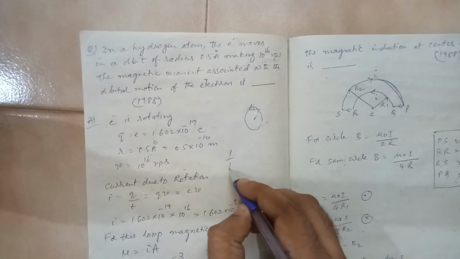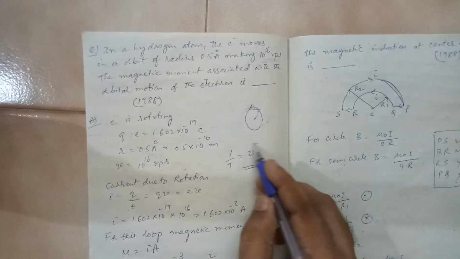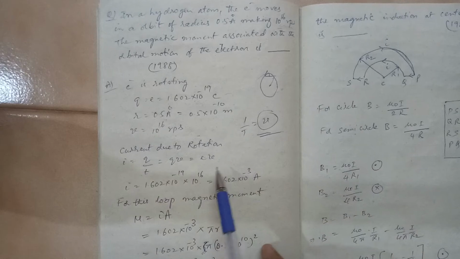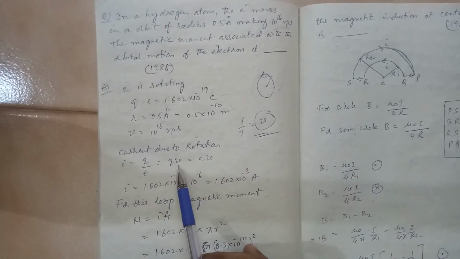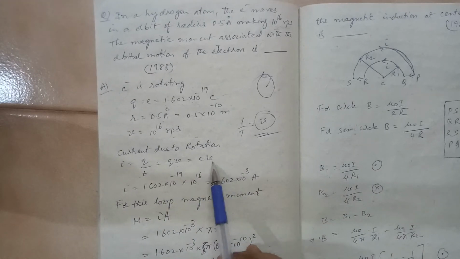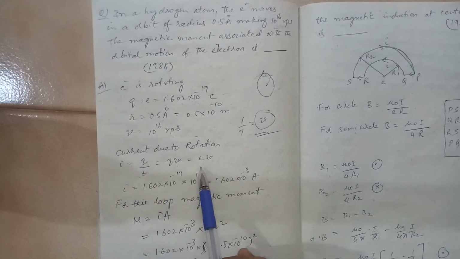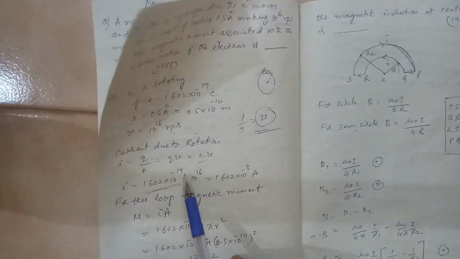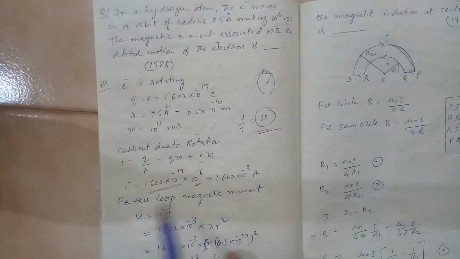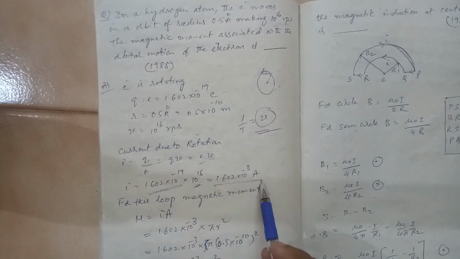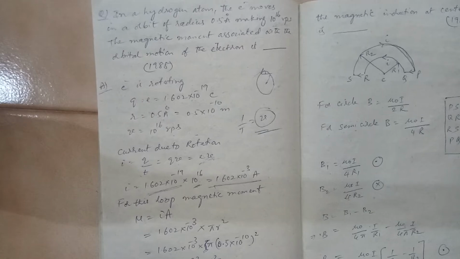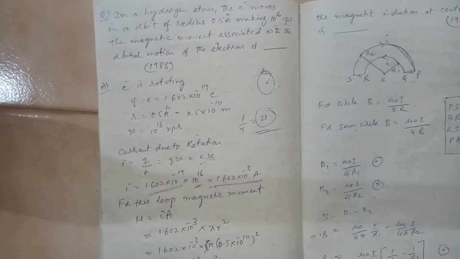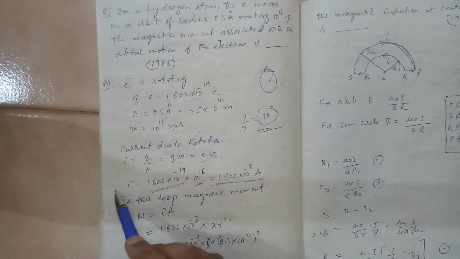And we know that 1 by time is equal to frequency, because frequency is given in the question. So Q times nu, it is e nu. So you put the e value as 1.602 into 10 power minus 19, and this is the frequency value. When you multiply, you get 1.602 into 10 power minus 3 amperes.